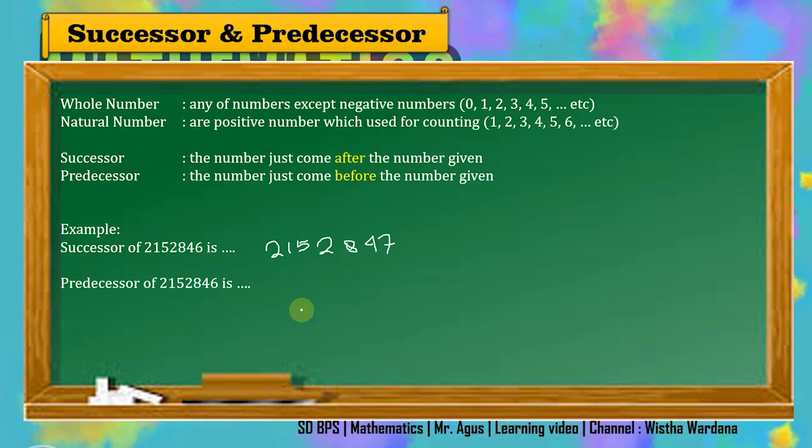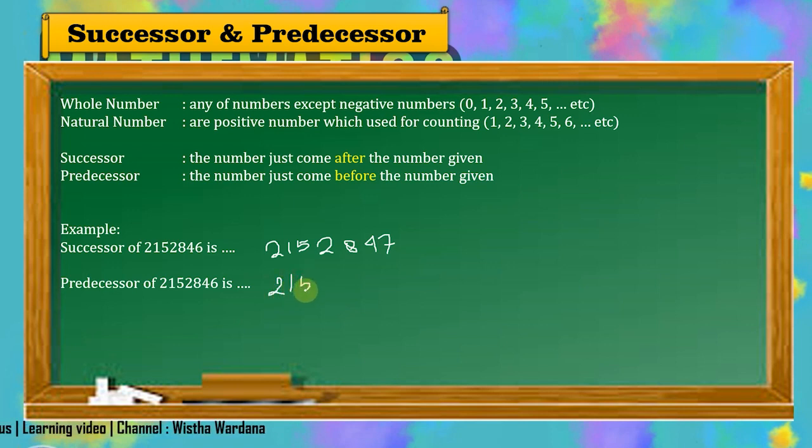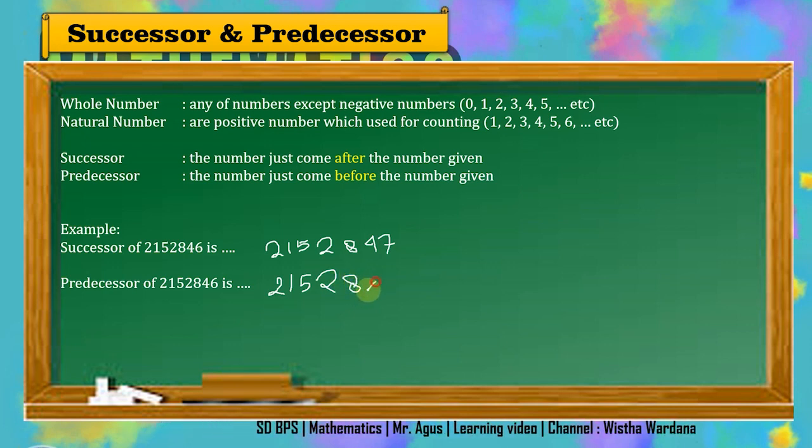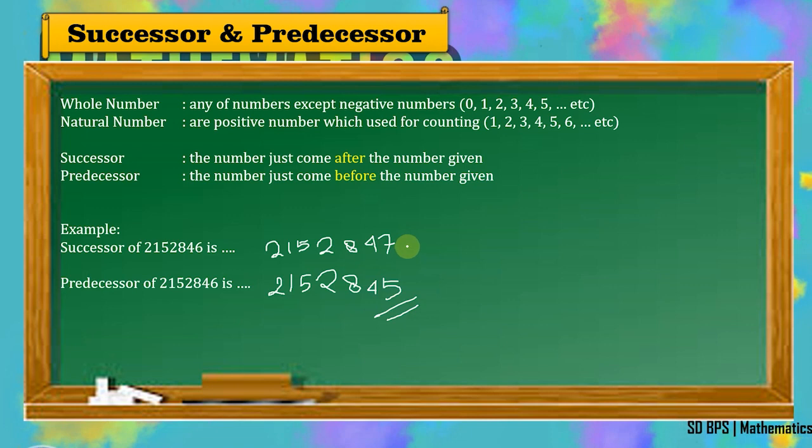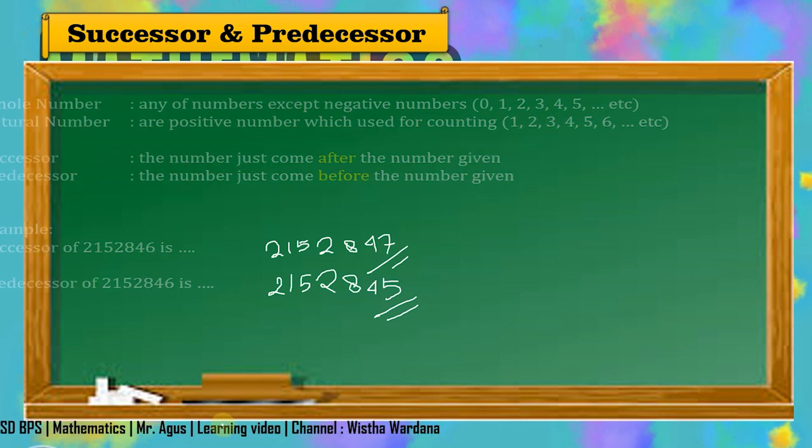And then the predecessor of the same number given like before is 2,152,845. Okay. I think all of you already understand about this one. Let's move to the next slide.